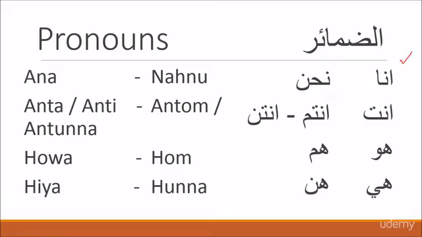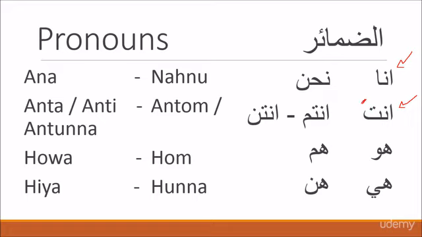So ana, which is I, anta, which is you, and anti is the same word but with a different accent. So anta is you male and anti is you female. How do you make a difference between both? You can say anta with the accent on the letter t, okay?